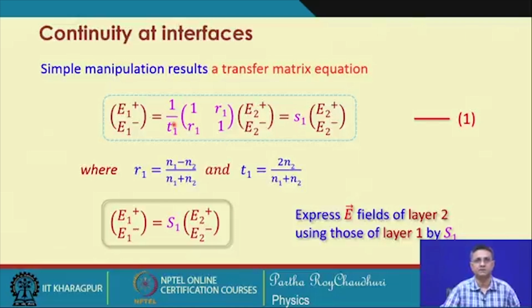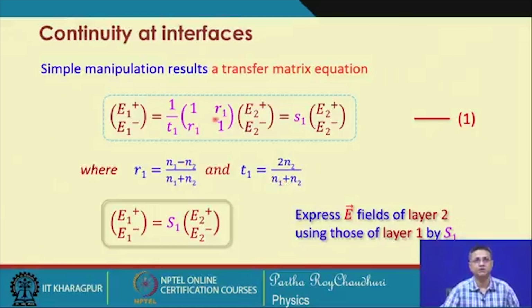This matrix can be called S1 because it transfers the information of the electric field between E1 and E2. This S1 matrix contains R1 and T1, which are the amplitude reflection coefficient and amplitude transmission coefficient.